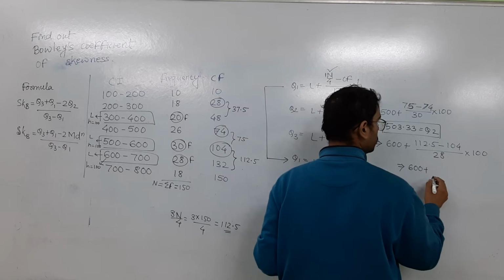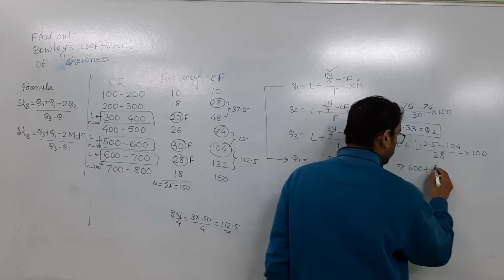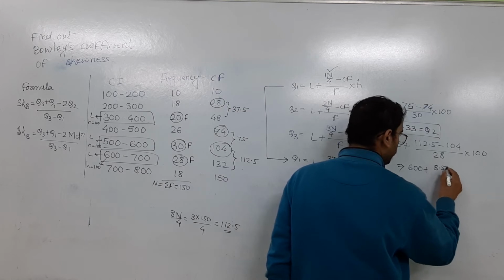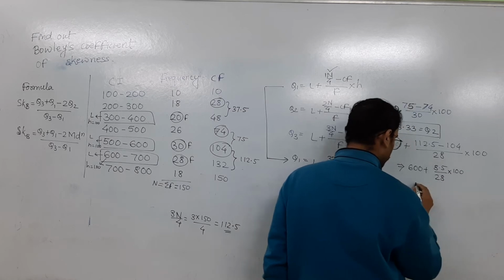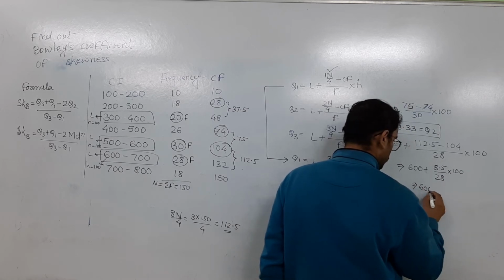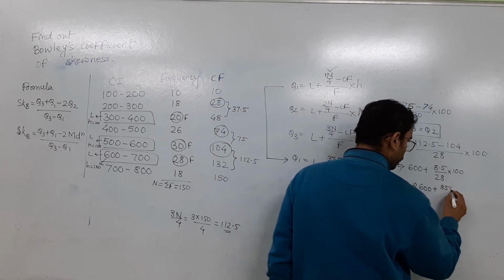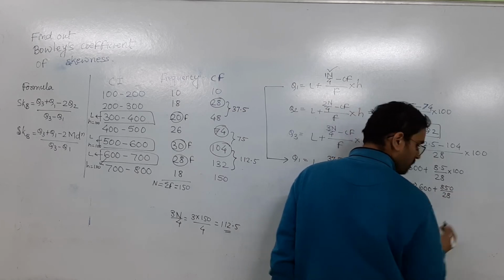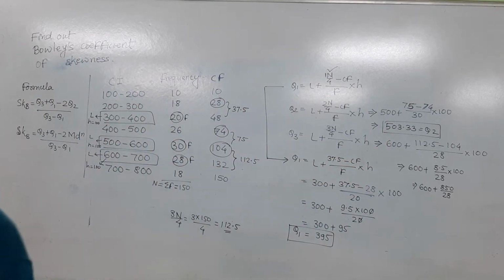600 plus 8.5 divided by 28 into 100. So 600 plus 850 divided by 28. Just find it out and get the answer. 30.35.